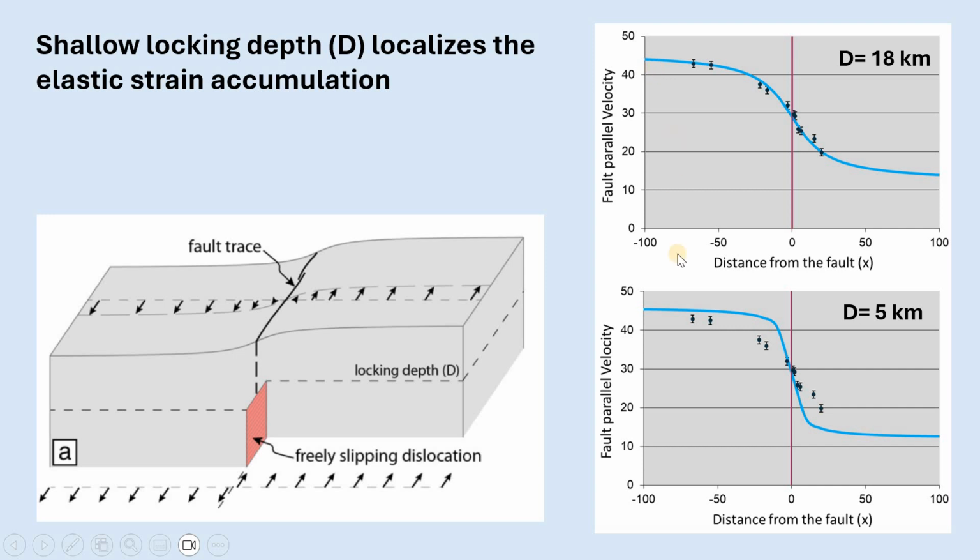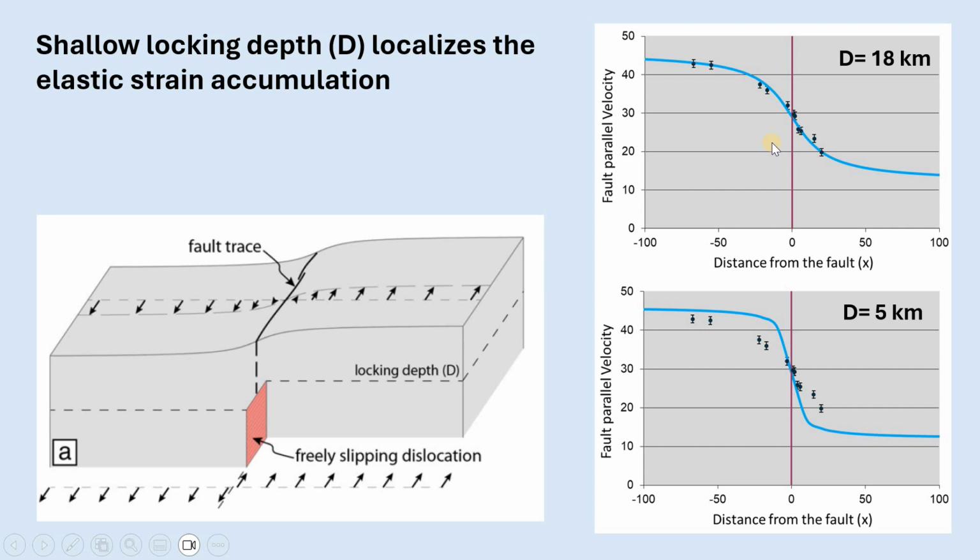So what we have here are 2 plots of fault parallel velocity. So that's v in the equation. And this is distance from the fault on either side. And these are actual GPS stations nearby the San Andreas Fault.